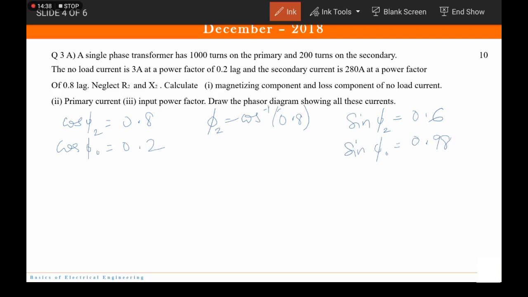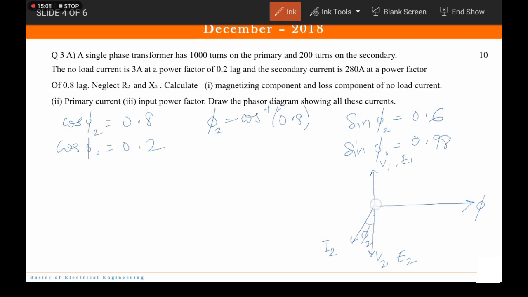Now you have to pay attention. What will be my phasor diagram? By using the phasor diagram, we will be able to resolve all other things. Here is my phi. Here we have V2 and E2, and opposite to this we have V1 and E1. Here we have I2. Now this is nothing but phi 2.